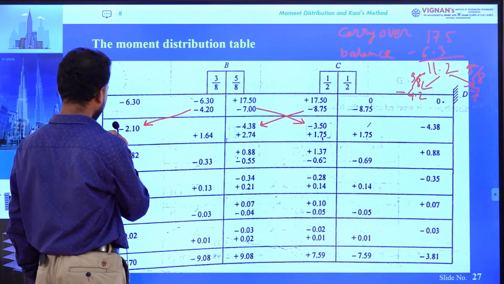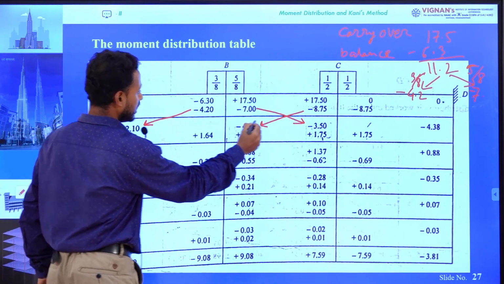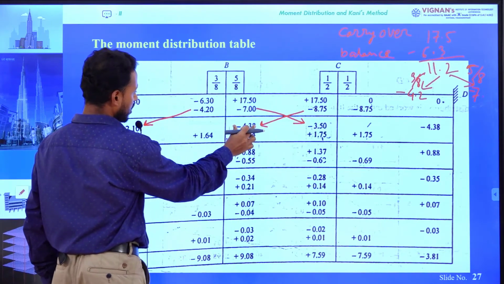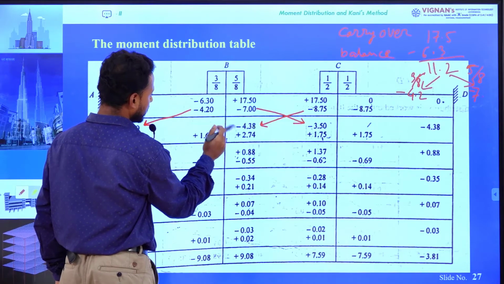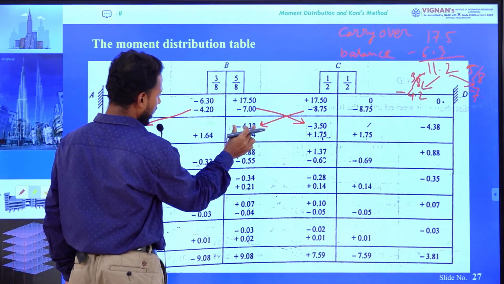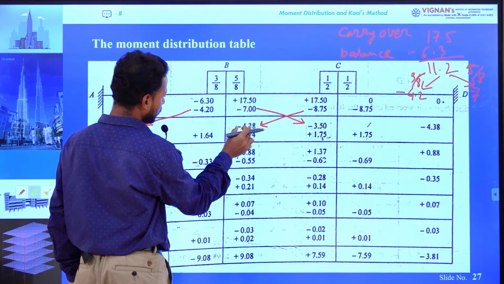So I am at this line. You have the balance moment at this line minus 4.38 and here it is 0. If you add, you will have the same minus 4.38.